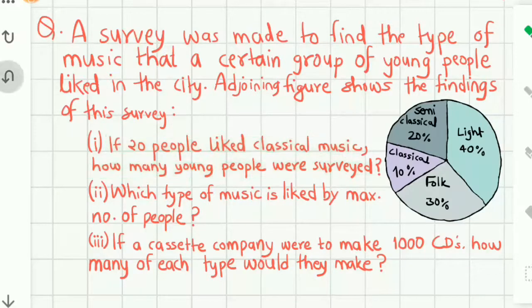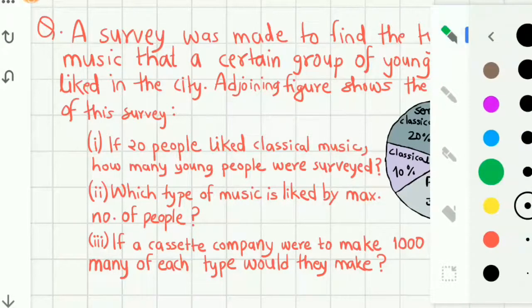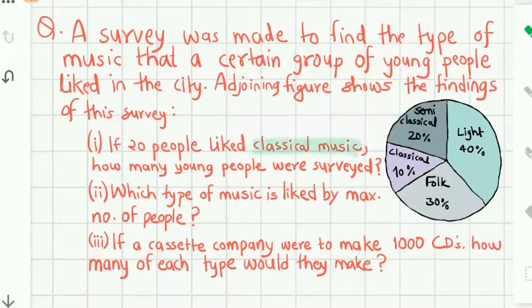this is the question. What you do here is, you find this classical music, which is 10% of the total people who were surveyed, right? So 10% of the total people who were surveyed is given as 20.